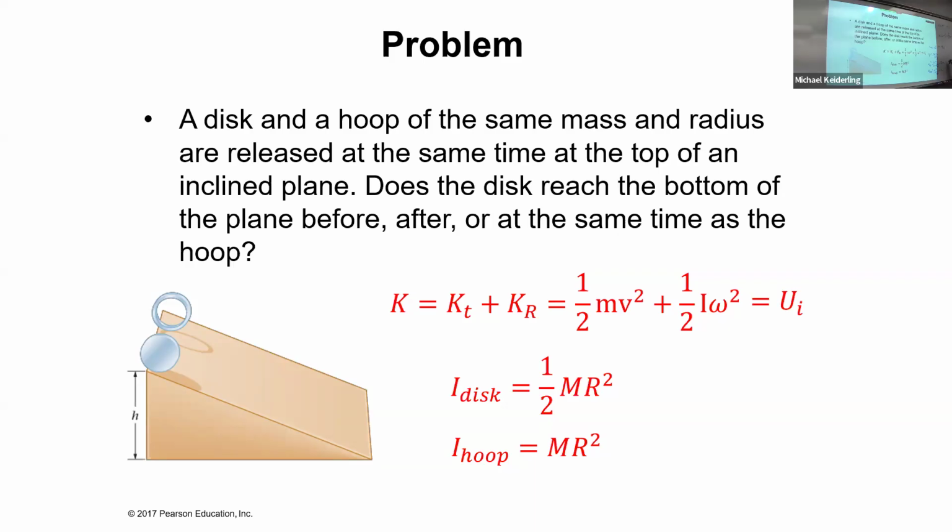So this is like 1.33 gh, and this is just gh. Or delta h, sorry. But for any height, the disk will be going faster than the hoop, so it will reach the bottom first. Any questions about that?